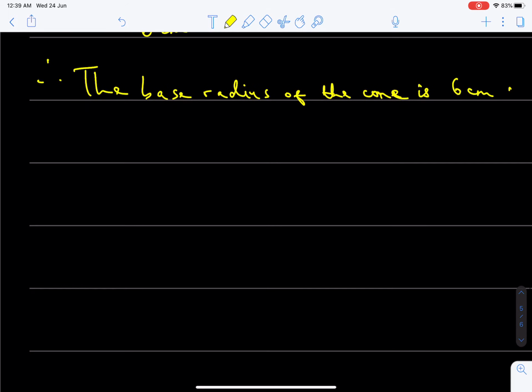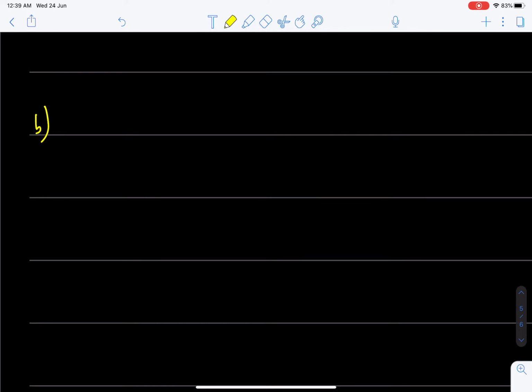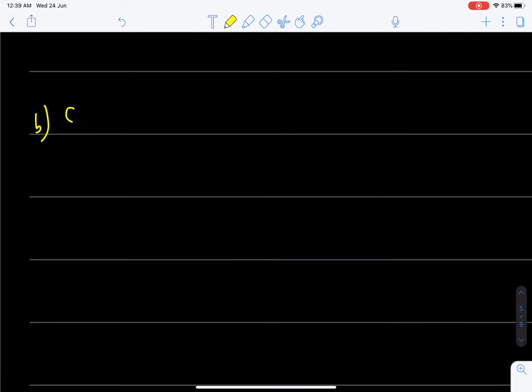So for question B, the slant height of the cone equals the radius of the sector.